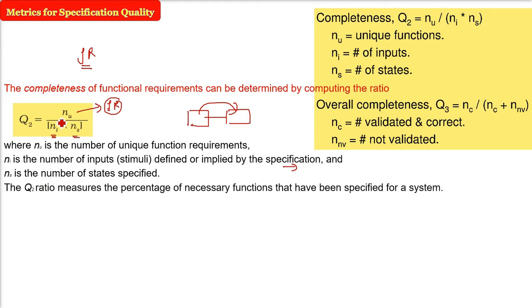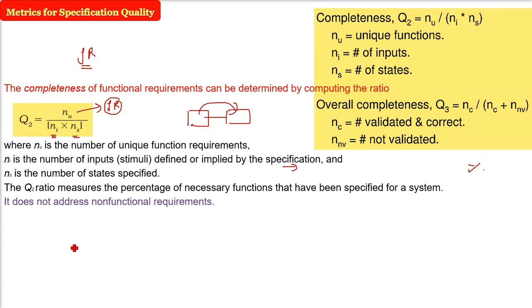Now Q2 will measure the percentage of necessary functions that have been specified for a system. So this value will tell you, okay, these are the functions which need to be defined or are specified. These are the necessary functions.